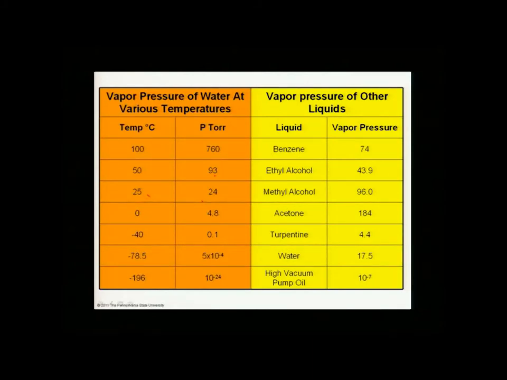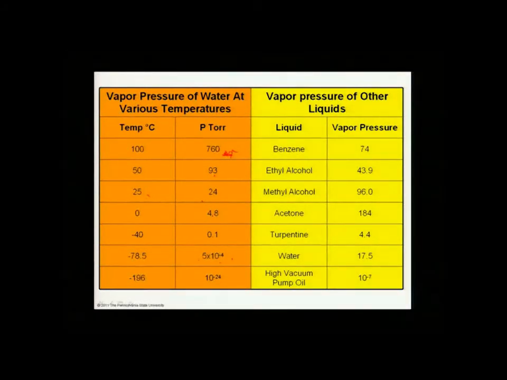So you go down to freezing, and you can see that at minus 78 degrees C, the vapor pressure is in the 10 to the minus 4 range. So the molecules are having a very hard time coming off the water. Here the molecules are coming off the water very easily. In fact, we know how the surface looks violent with all the molecules banging into one another as they come off.